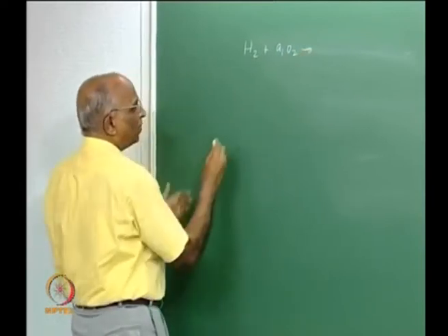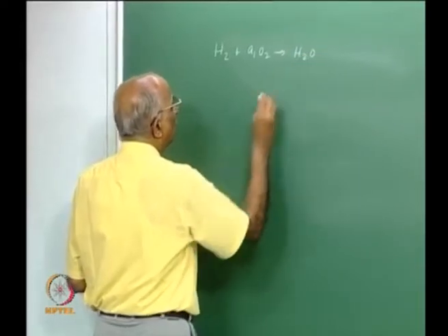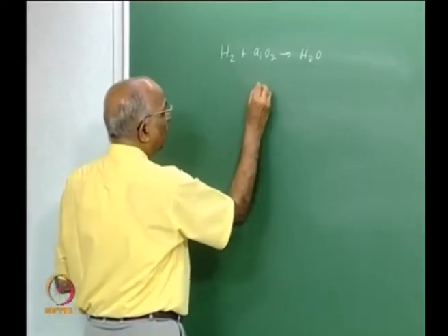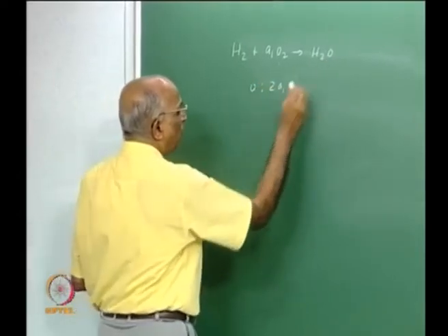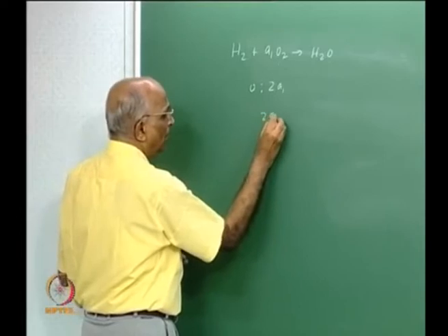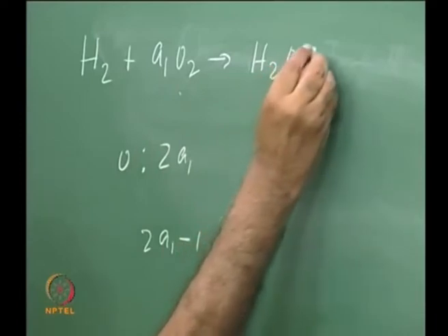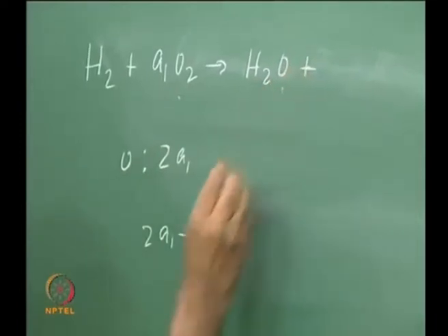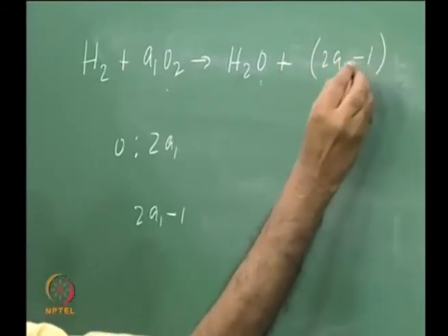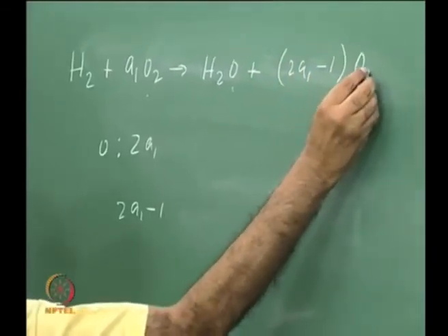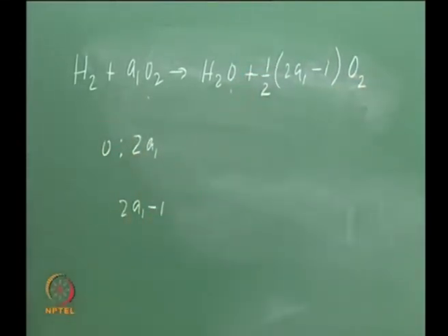If it is stoichiometric combustion, complete products of combustion would have been formed. Therefore, I would have got H2O plus, now what is it? I had 2 A1 of O, I have consumed 1, I am left with 2 A1 minus 1. Therefore, the amount of oxygen left in this reaction should be 2 A1 minus 1 of O, but I would like to put it in terms of O2, therefore I get a half over here.